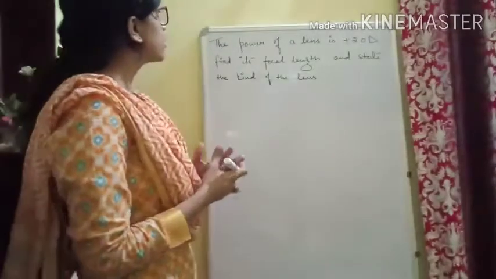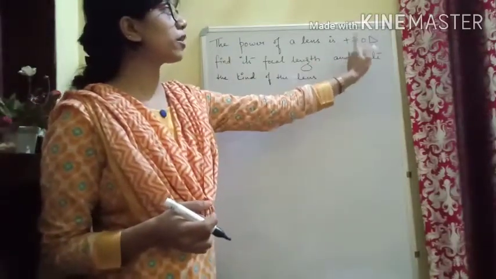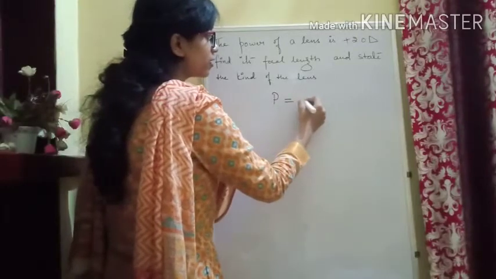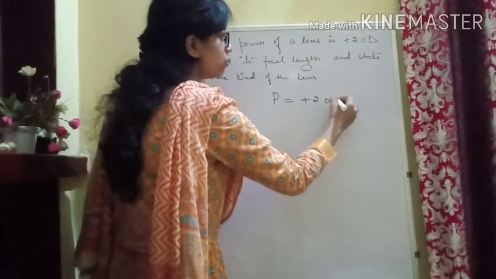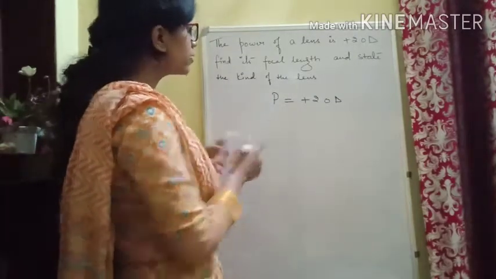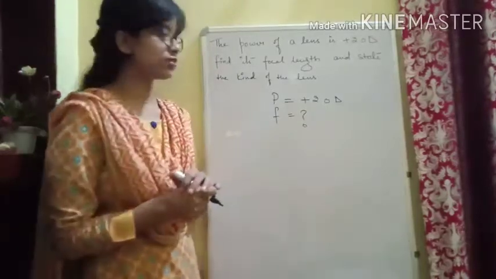The next question is, the power of a lens is plus 2.0 diopter. So let's write what is given. The power is given as plus 2.0 diopter, as you know the unit of power. Find its focal length and state the kind of lens.